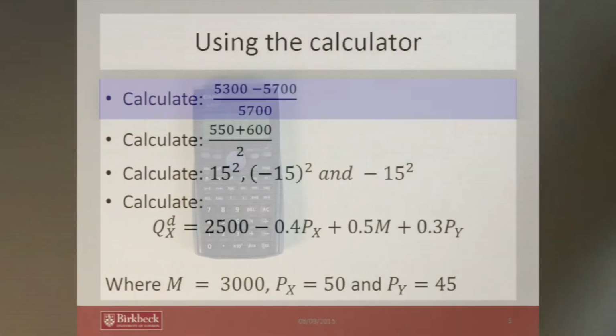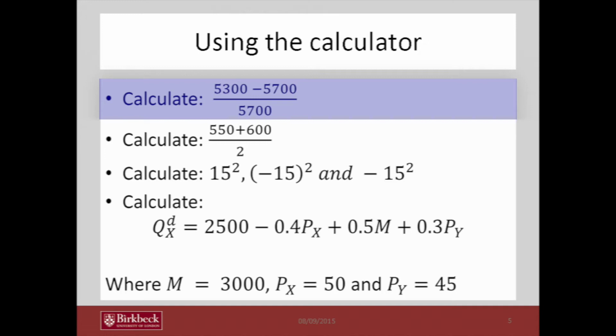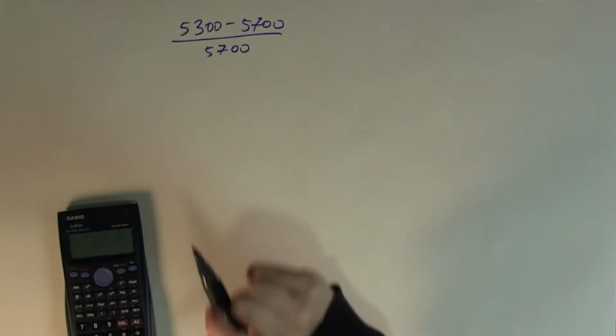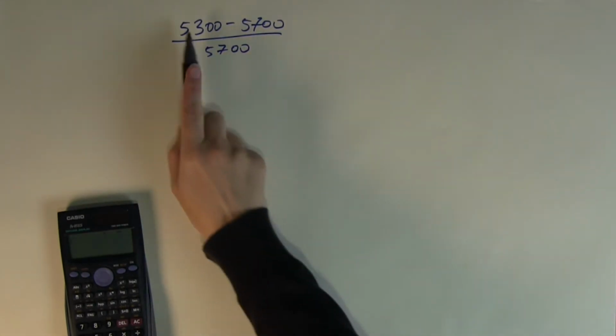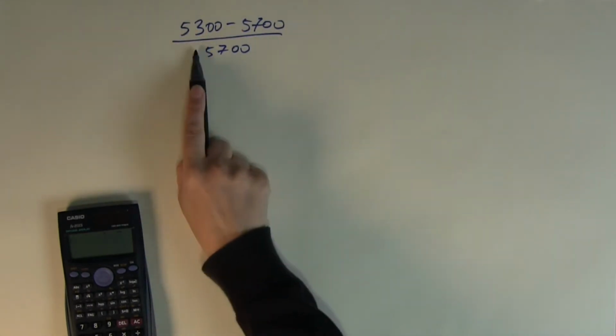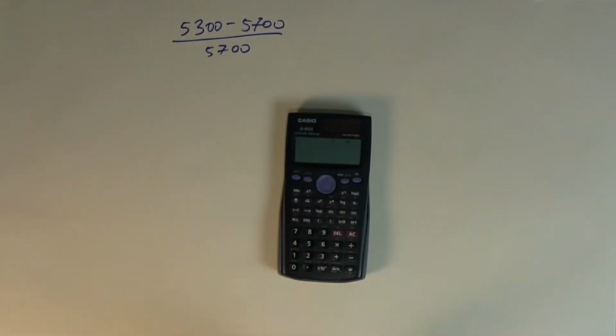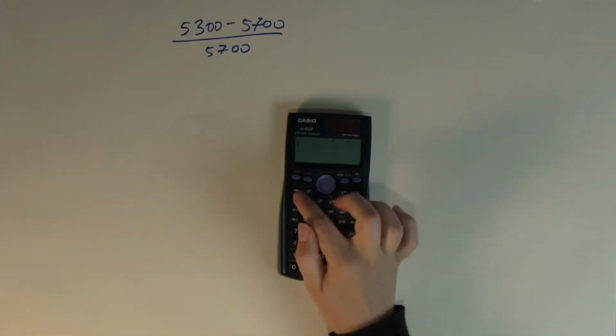So if you were to carry out a calculation, 5,300 minus 5,700 divided by 5,700, with an ordinary calculator, you would need to do the subtraction first and then the division. But with the scientific calculator, you can type it all in one go.